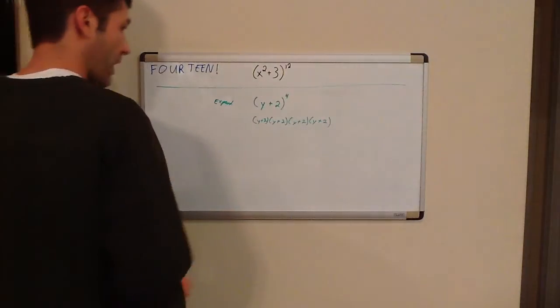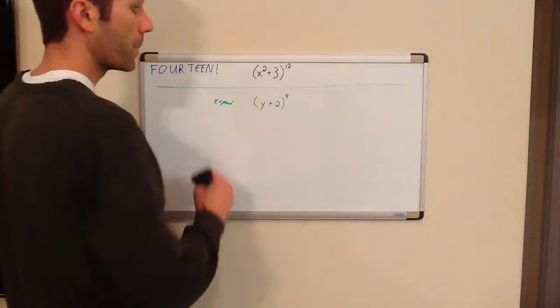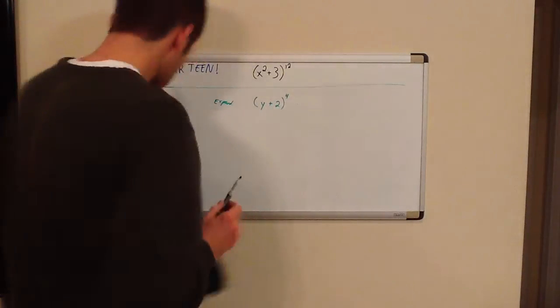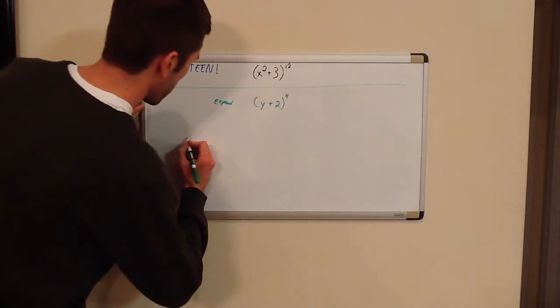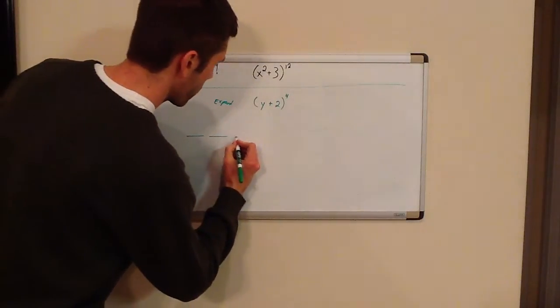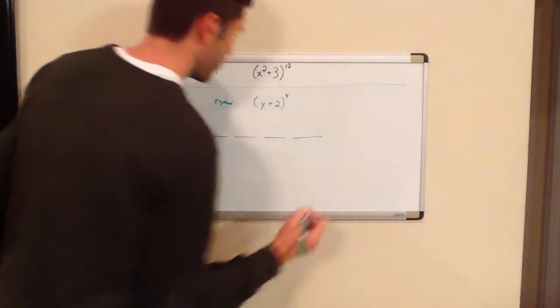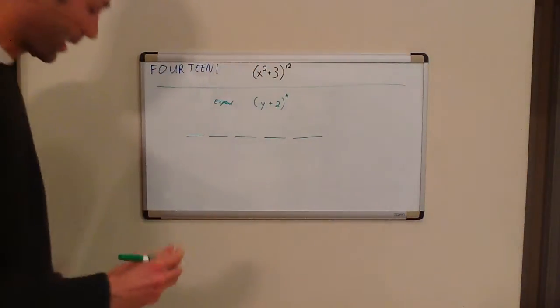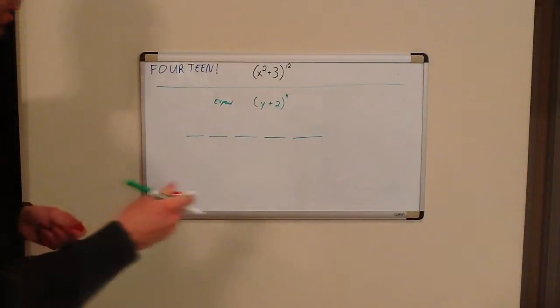Now, how do I know it's a 5-term polynomial? Because of the shortcut. Here we go. 1, 2, 3, 4, 5. I'm going to write this down because you may want to take notes on your paper here.